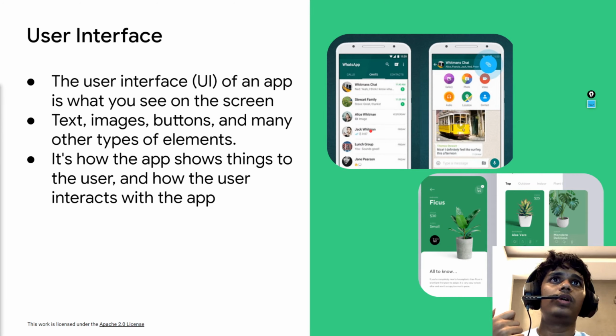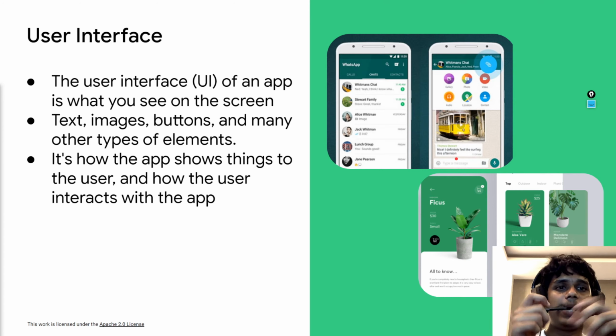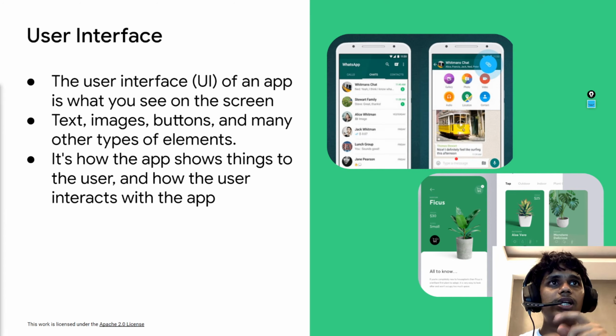Whenever you click on one of the chats, there is an interaction between you and the app. When you click on a particular chat, it will open the chat window, and whenever you type something, there is again an interaction between you and the Android app.